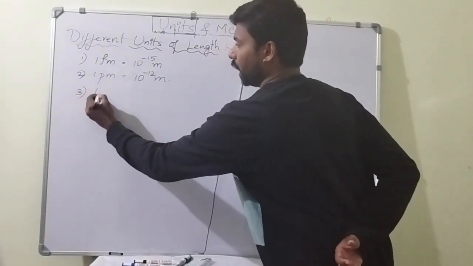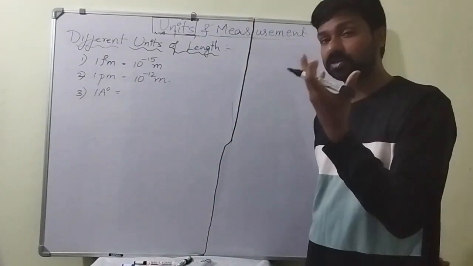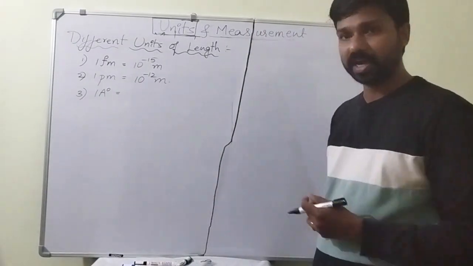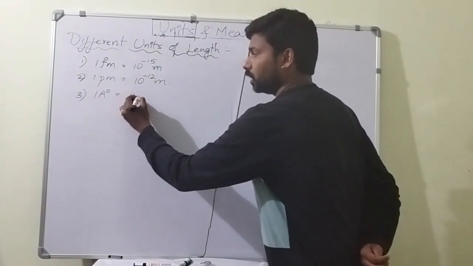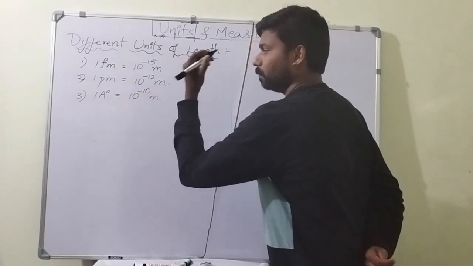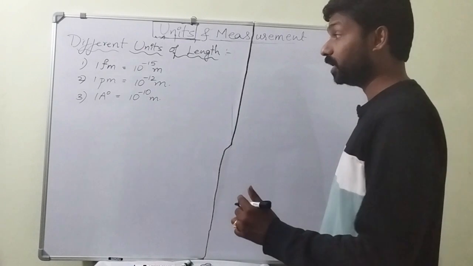Next, third one, 1 angstrom. Angstrom is basically used to measure the wavelength of light. 1 angstrom is equal to 10 to the power of minus 10 meter.